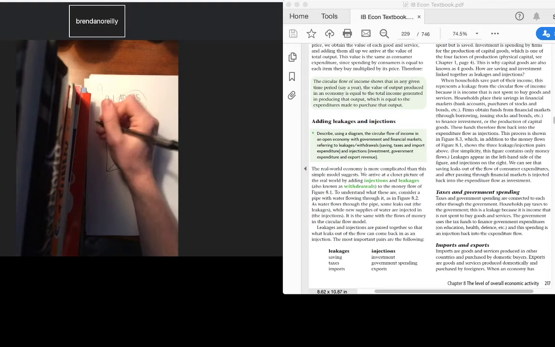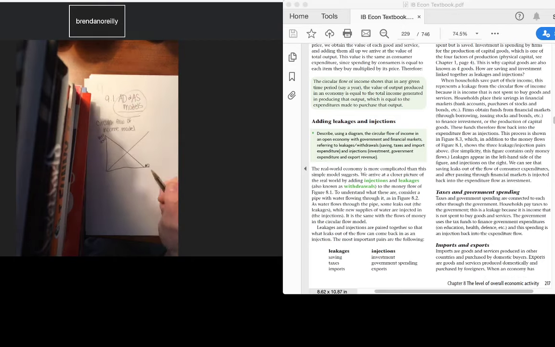This axis can be labeled price level, while this axis can be labeled real wages or output, or real output. This is the aggregate demand curve, this is the aggregate supply curve, and where they intersect is the equilibrium point.